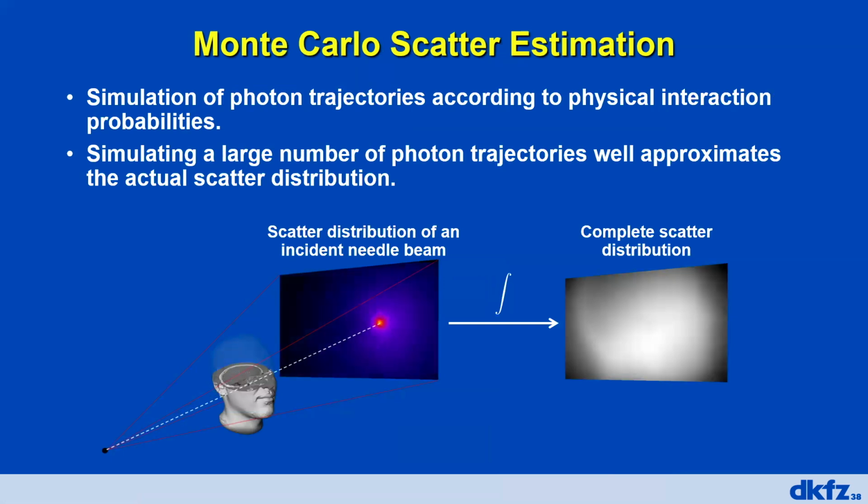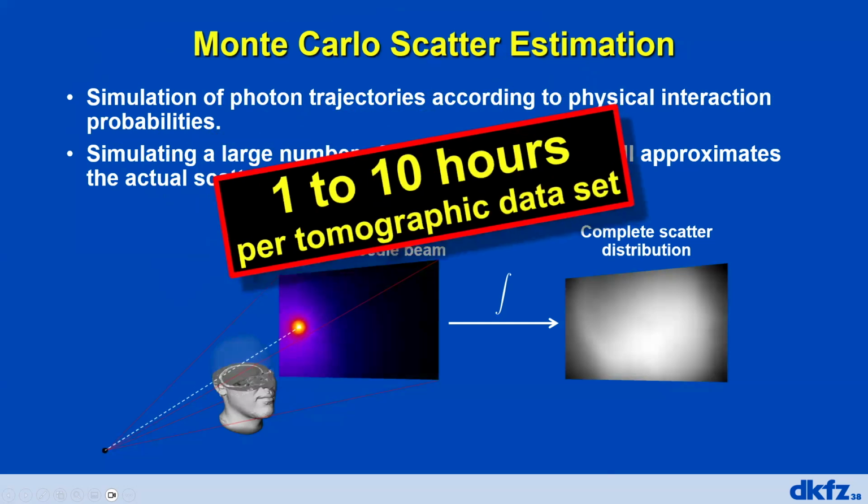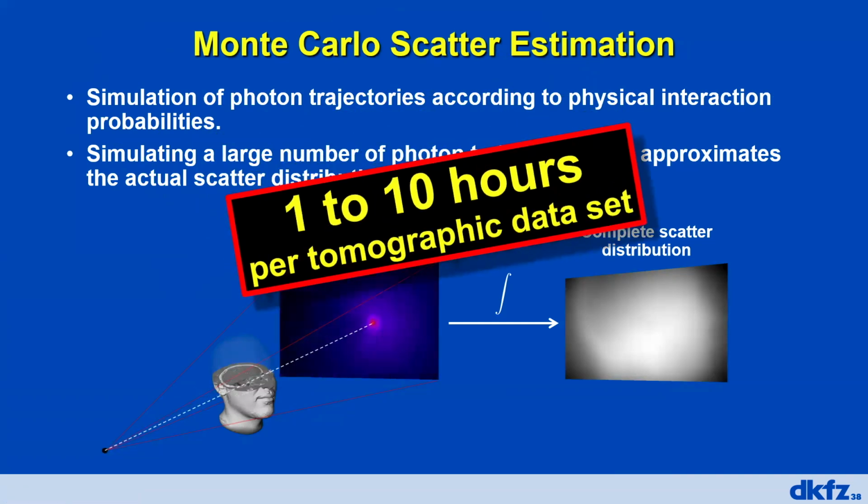The gold standard for scatter estimation are Monte Carlo simulations. What you do there is you simulate a large number of photon trajectories, and this approximates the scatter distribution in your measurement quite well. Unfortunately, per tomographic dataset, such a Monte Carlo simulation takes roughly 1 to 10 hours. So this is nothing you can do in clinical routine.